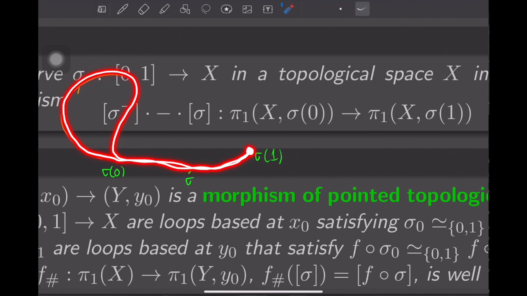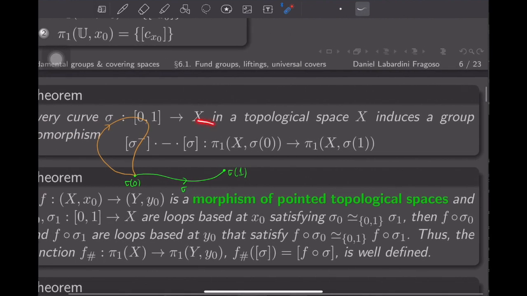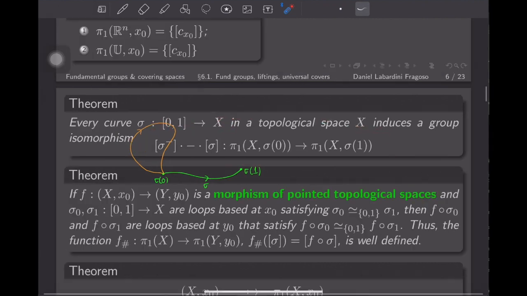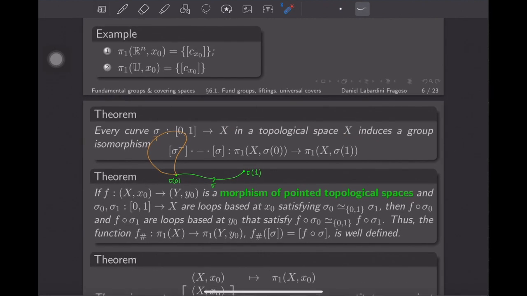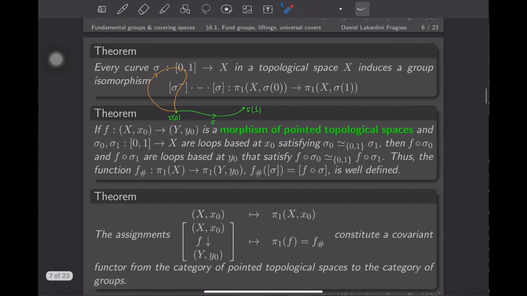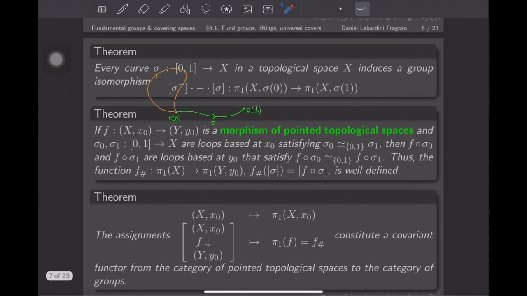And that works, and it works as a group isomorphism. And then I leave the details to you. So this is our first theorem.